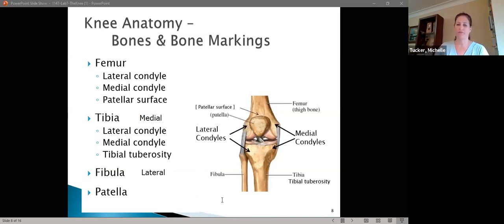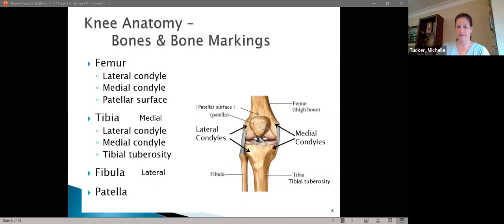And that's important to remember because we're also going to be talking about ligaments and meniscus. In order to properly identify the collateral ligaments as well as the menisci, you'll need to remember that the fibula is on the lateral side and the tibia is on that medial side.